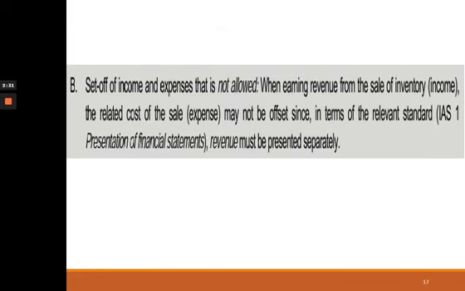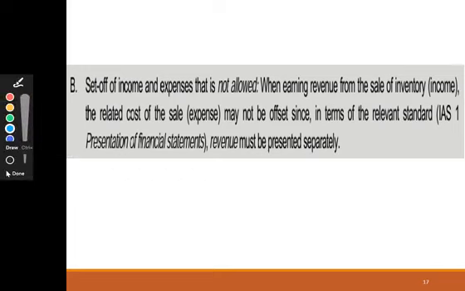Our next example, example B, deals with where the set-off of income and expenses is not allowed. So here we have the earning of revenue from the sale of inventory. So that's our income. And the related cost of sale expense. Are we allowed to offset our cost of sales against our income?